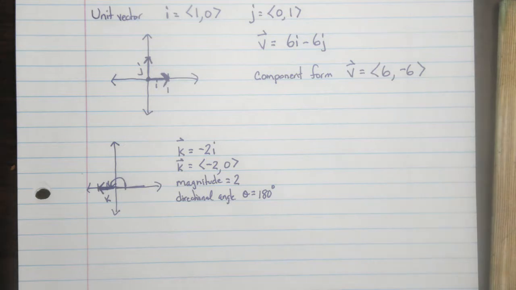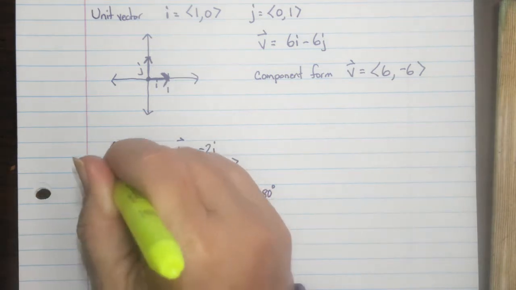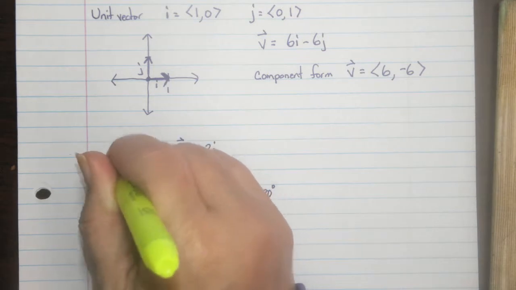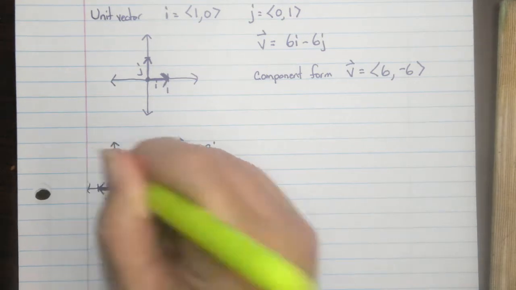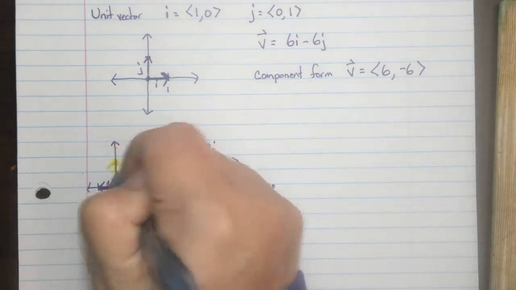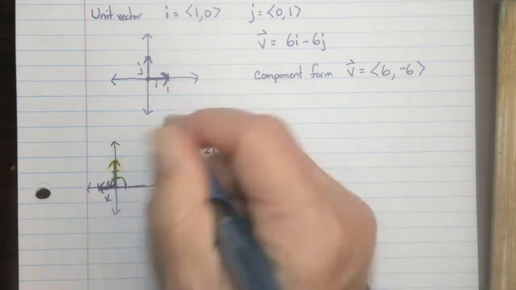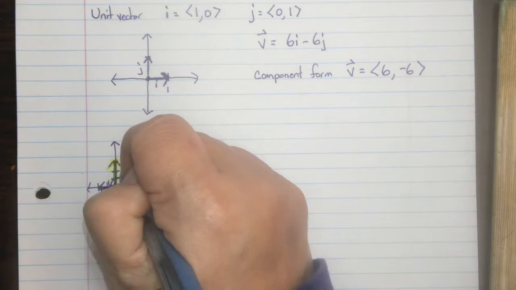So what if I had a different vector? Say that went up to there, but you can't see that on the screen at all. 1, 2, 3. Let's call this guy vector w.